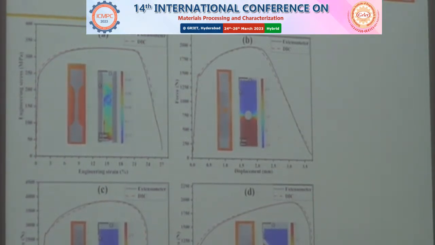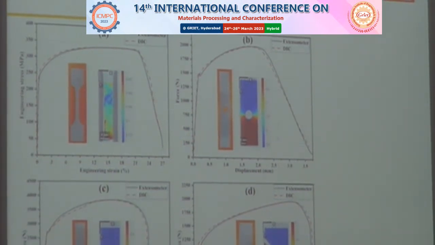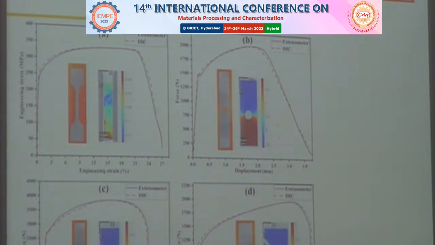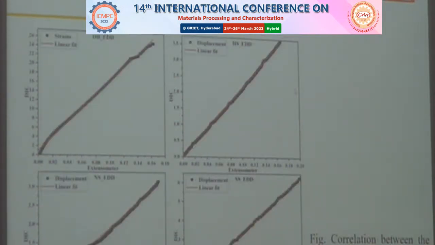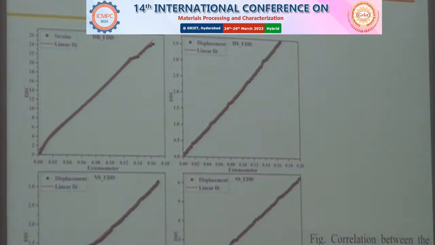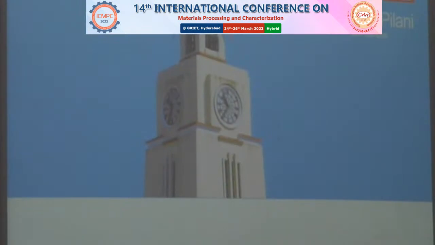The force displacement data that we got from the crosshead of the UTM machine, we compared with the force displacement data that we calculated from DIC software, and you can see there is very good correlation between the two. This is the crosshead displacement and DIC, and it has very good correlation.